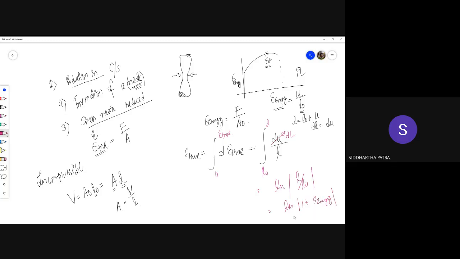Which also means that in a tensile loading, the true strain is actually smaller than engineering strain.